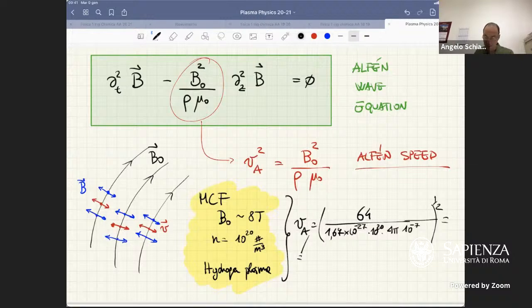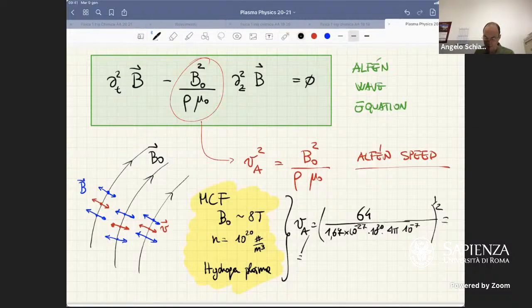We can estimate: here we have 10 to the 20th at the denominator, 10 to the minus 27 makes 10 to the minus 7, times 10 to the minus 7 is 10 to the minus 14th.